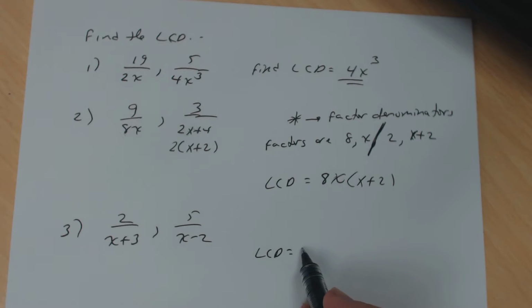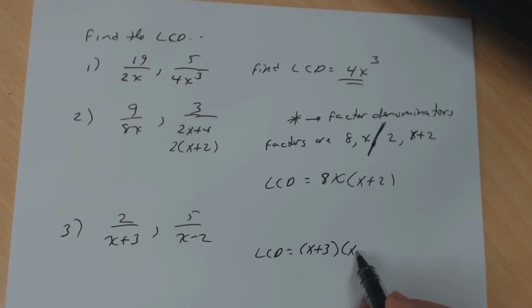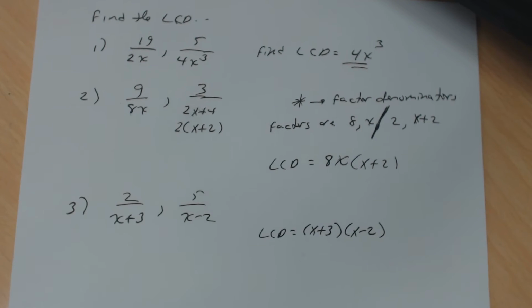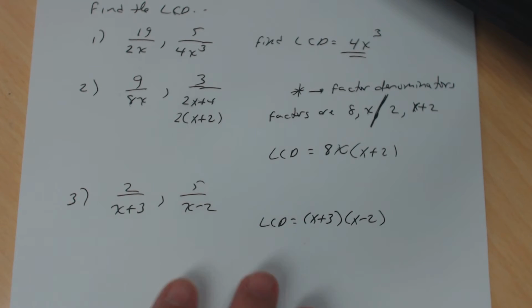I need 1. So far my LCD is x plus 3. My next factor is x minus 2. There's none here. There's one factor here. I need 1. So your LCD is x plus 3 times x minus 2. Again, that's going to be important in another section when we start adding and subtracting these rational expressions.